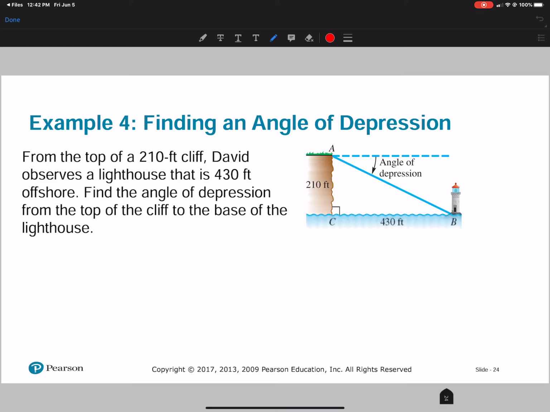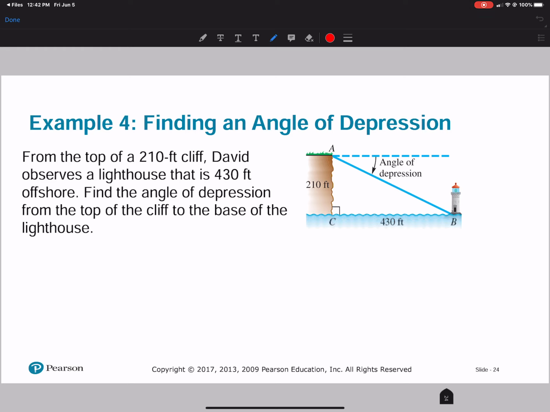So let's look at this one. It says from the top of a 210 feet cliff, David observes a lighthouse that is 430 feet offshore. It says the angle of depression from the top of the cliff to the base of the lighthouse.